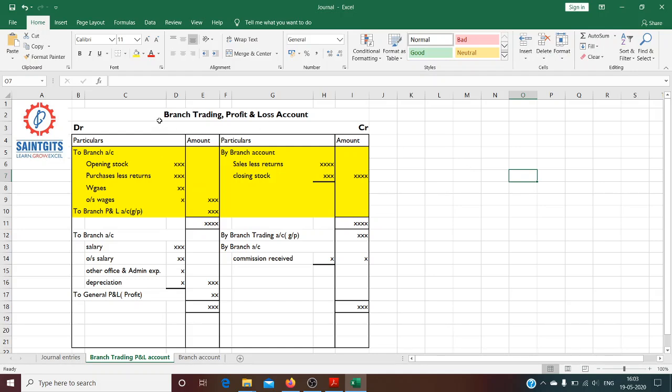Now, first entry. Branch trading account debtor to branch account. We have to record opening stock, purchases less returns, wages, outstanding wages. The value should be shown in the inner column and the net effect should be shown in the outer column. Now we can see the entry.